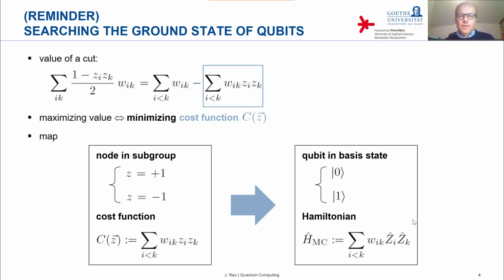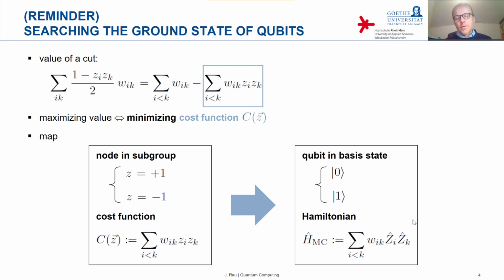We introduced the variable z and gave it the value +1 in one group, -1 in the other. We can map that to basis states of our qubits, in the standard basis states 0 and 1.